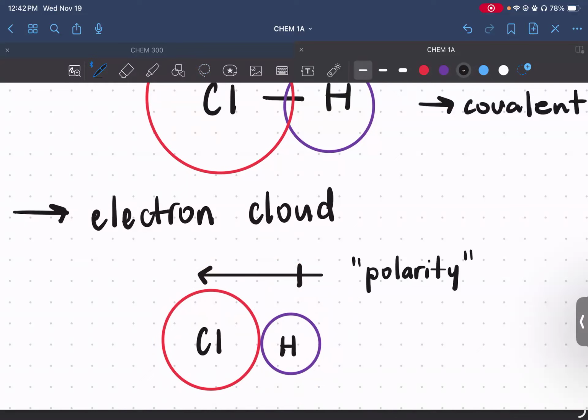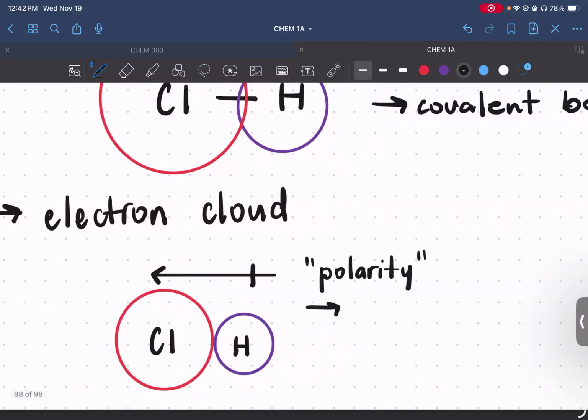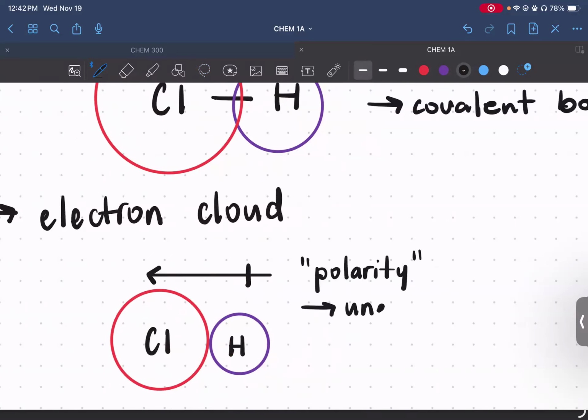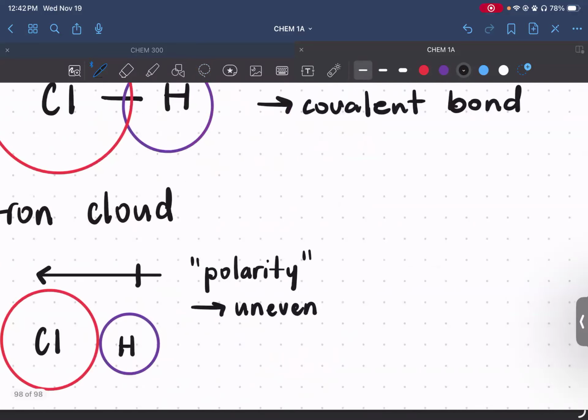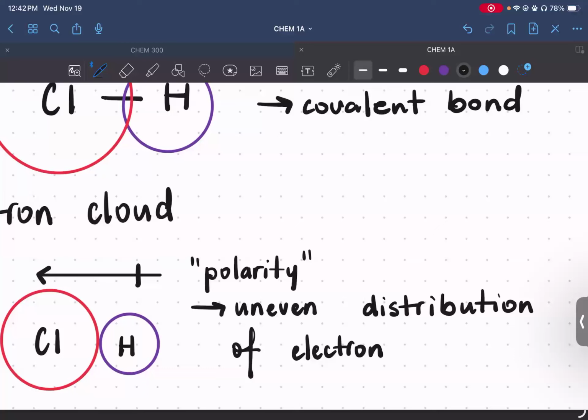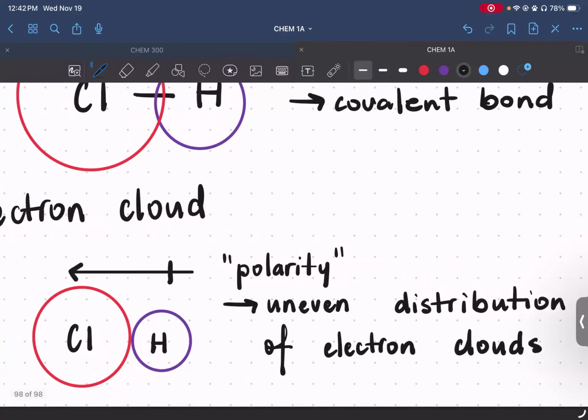The concept of polarity is that it is a result of an uneven distribution of electron clouds. Of course, HCl is a fantastic example because, as we just talked about, it's very easy to see numerically that chlorine has more electrons than the hydrogen, leading to that uneven distribution.